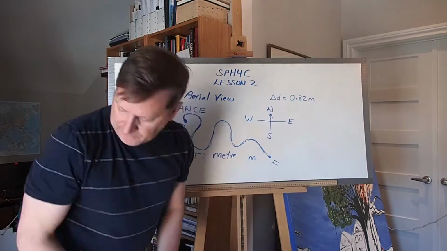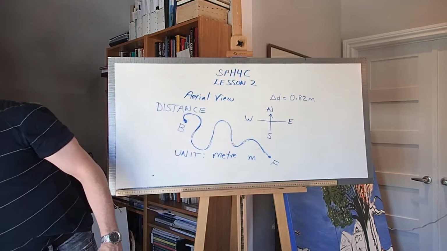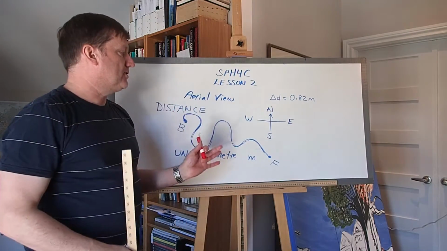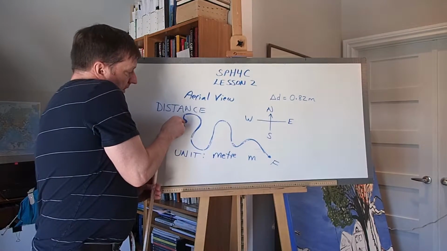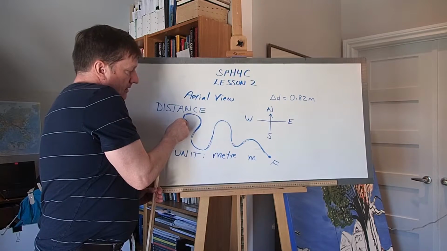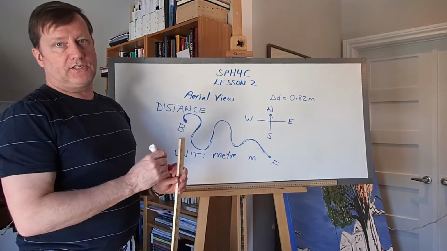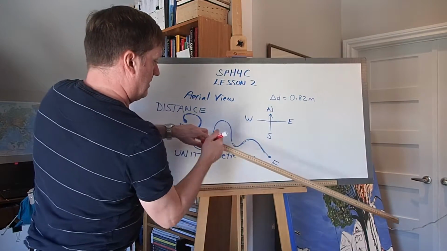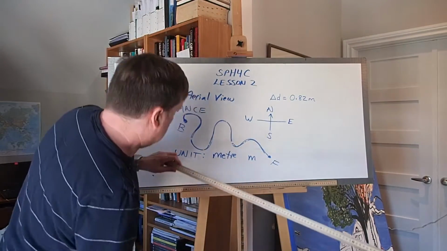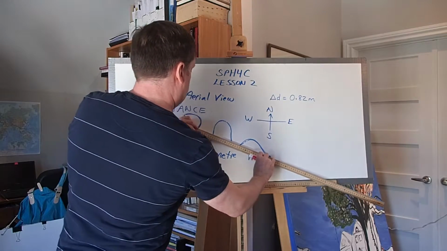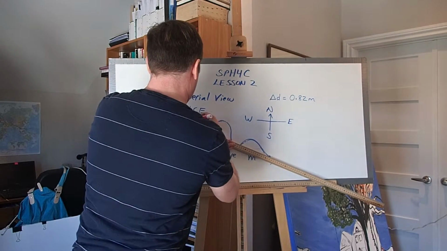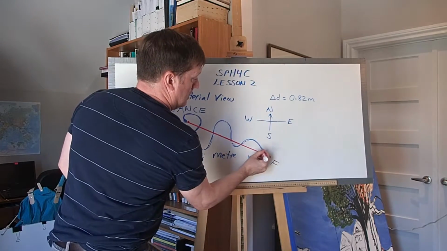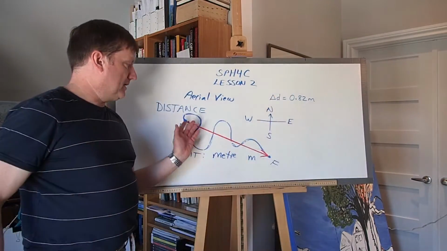Now let's introduce the vector measurement. The vector measurement is something called displacement. Displacement measures the length of a line segment from the beginning to the finish. So if I draw this line segment in here, that measurement is different.